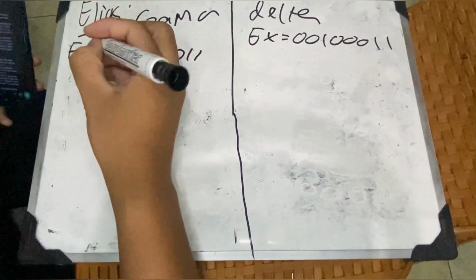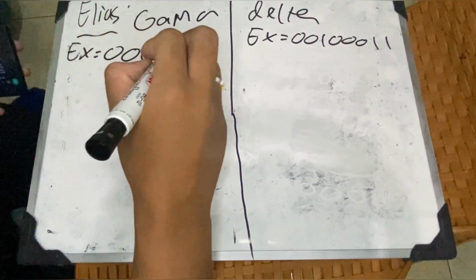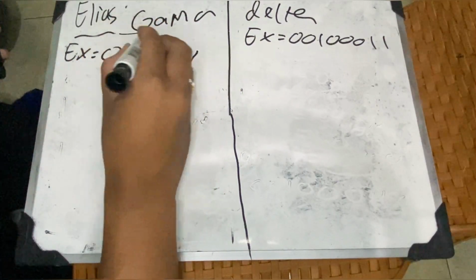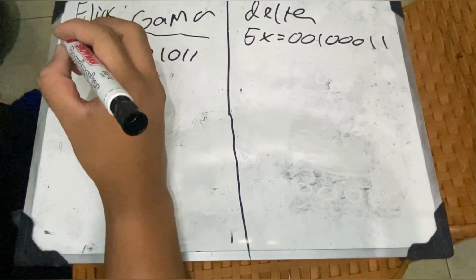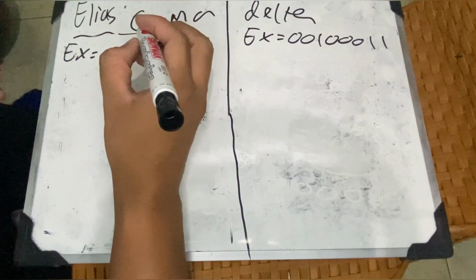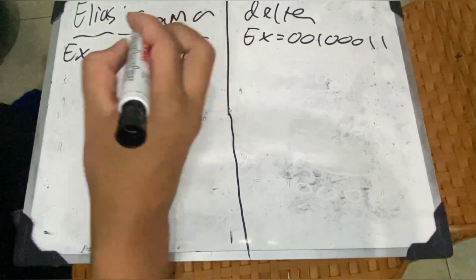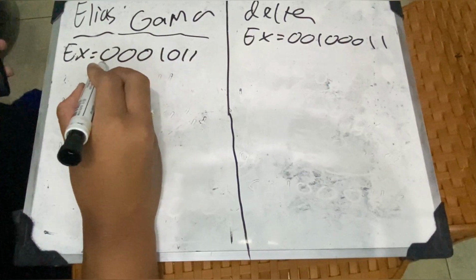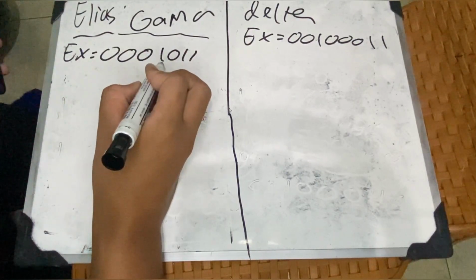So now we are going to decode the alias gamma and alias delta. For the first one, the alias gamma, the way we decode it is kind of easy. The first step is to count the 0 bits until we meet the bit 1.